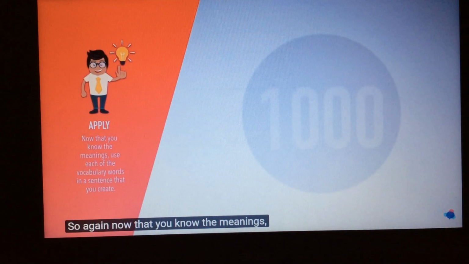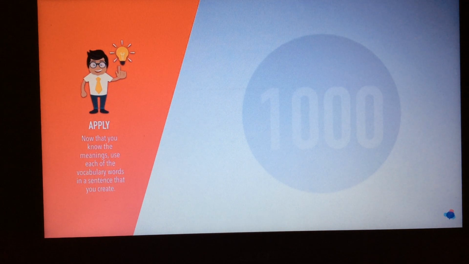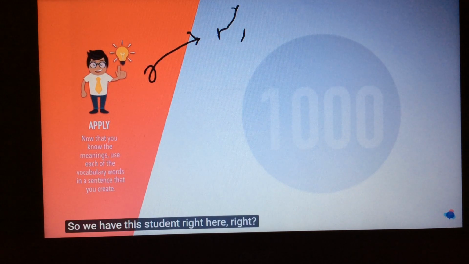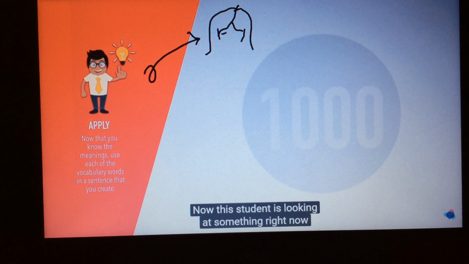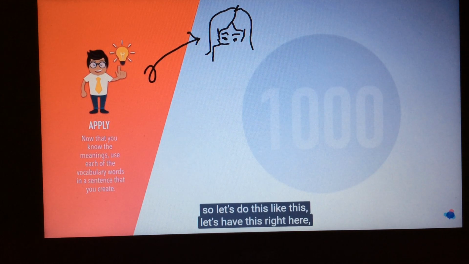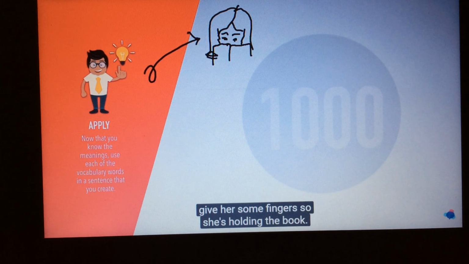So again, now that you know the meanings, use each of the vocabulary words in a sentence that you create. So, here's what's going to happen. Let's have a student right here. She's holding the book.